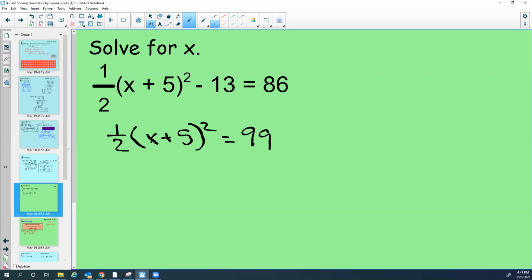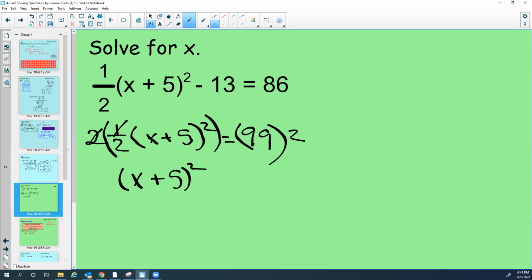In order to get rid of that 1/2, I'm going to either have to divide everything by a half or multiply both sides by 2. Either way works if you divide or multiply. On the left, I'm going to be left with x plus 5 squared because this and this cancel out, equals, what's 99 times 2? It's 198. I need to take the square root of this.